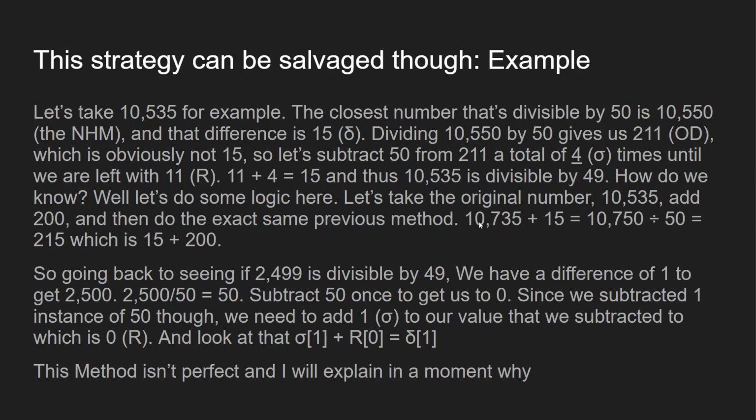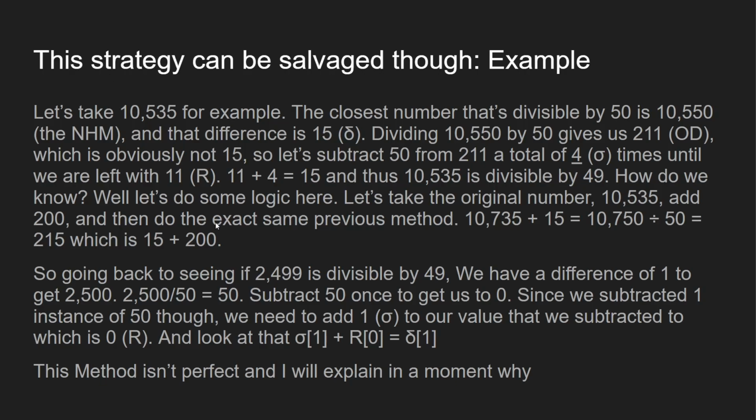Our next closest multiple is now 10,750, so we're going to add 15 again. Now, if we divide by 50, that'll give us 215, and look at that! 215 is simply our original remainder, or our original delta, plus 200. Pretty genius, huh?